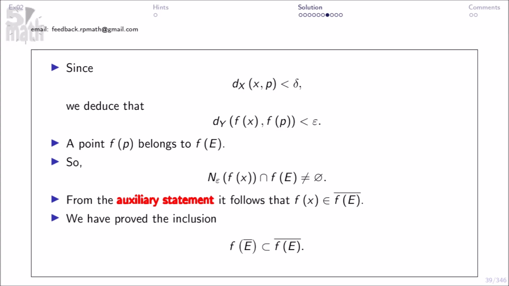Since this, we deduce that this. A point f of p belongs to f of E. So, this. From the auxiliary statement, it follows that f of x element of bar of f of E. We have proved the inclusion here.